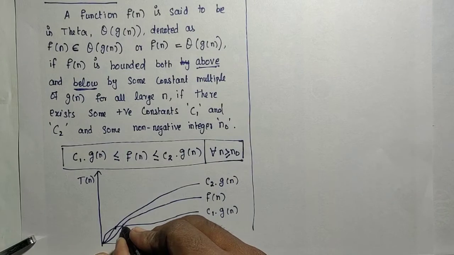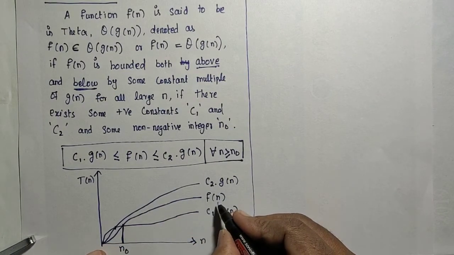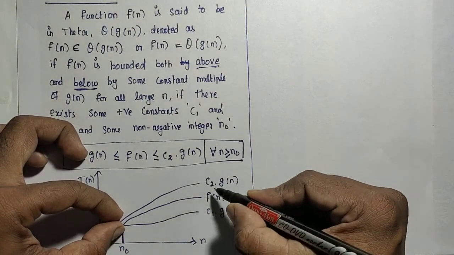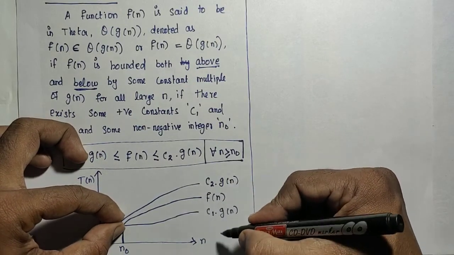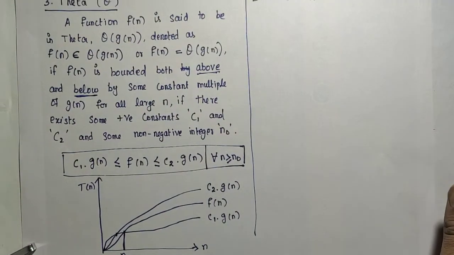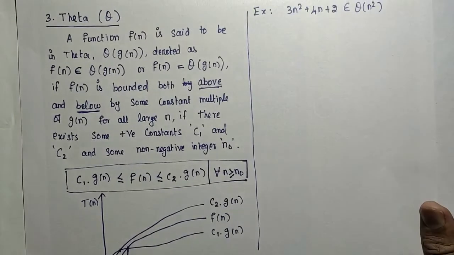So after this large n value, the rate of growth of f of n is in between these two. It will not go beyond the upper one or below the lower one. Then we can say that f of n is equal to theta of g of n.